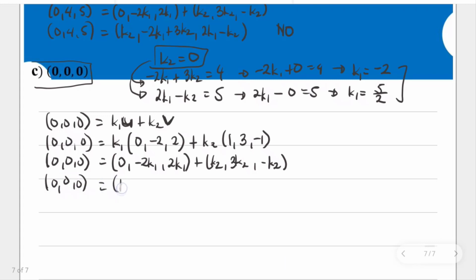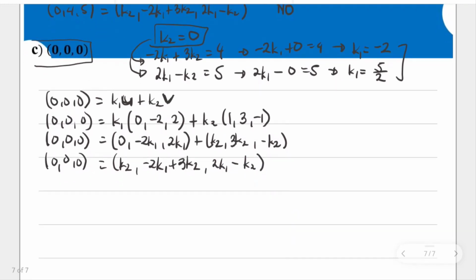You will have k sub 2 because that's 0 plus k sub 2, negative 2k sub 1 plus 3k sub 2, 2k sub 1 minus k sub 2. And then we just need to really show that we will have k sub 2 and k sub 1. They both exist with these equations.